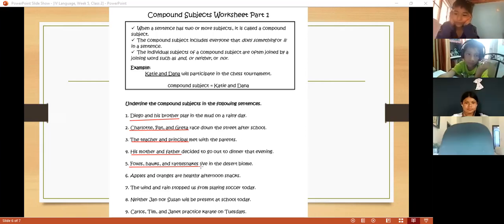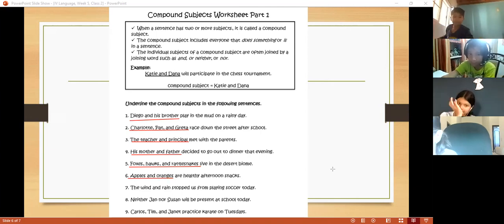Rebecca, number 6. Apples and oranges are often snacks. Apples and oranges are the simple subjects. And are healthy after snacks are the predicate. After snacks is a predicate. Excellent. Apples and oranges, they are the compound subject.